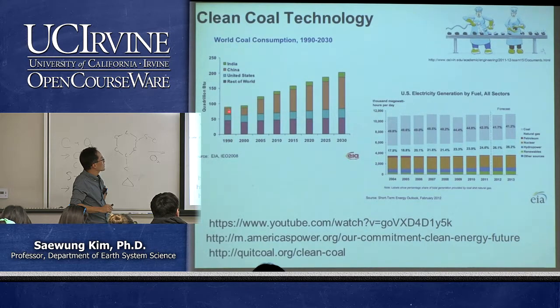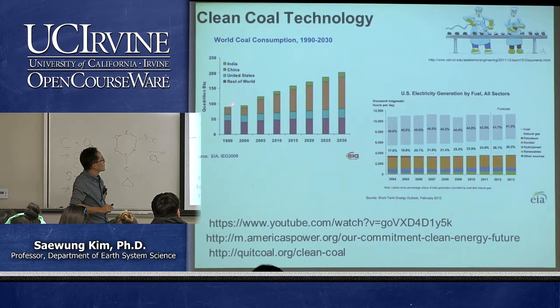And the prediction of the use of coal is that it is going to increase quite a bit. In the U.S., we are probably going to use about the same amount of coal, and for the rest of the world, this is the prediction from 1990 to 2030.